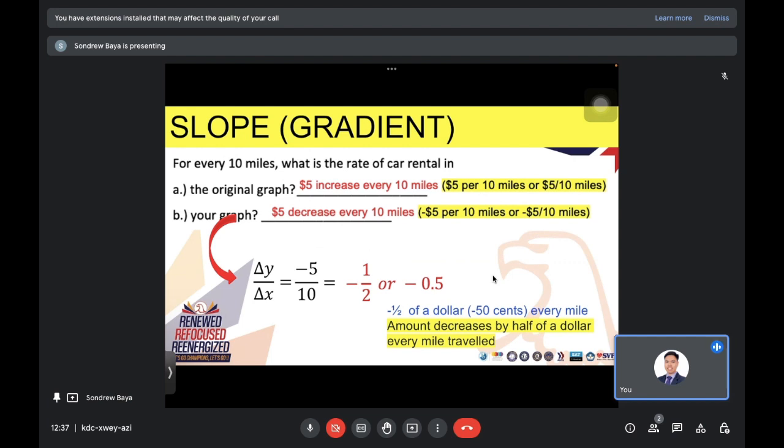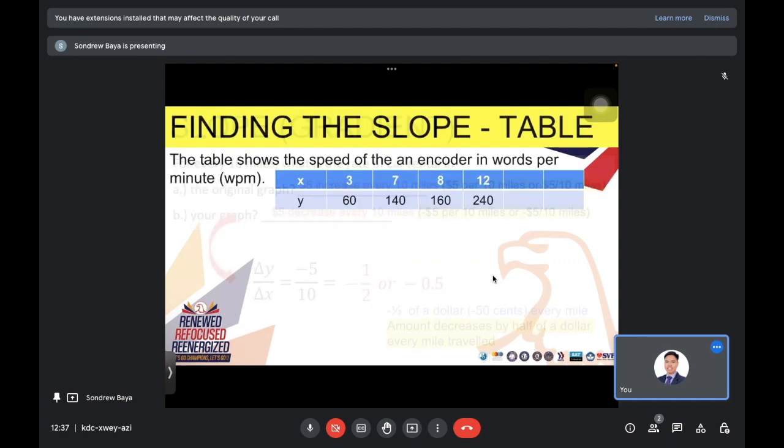Okay? So let's now learn how to find the slope given different situations. First, finding the slope given a table of values. Say the table shows the speed of an encoder in words per minute, WPM. So these are the speeds.